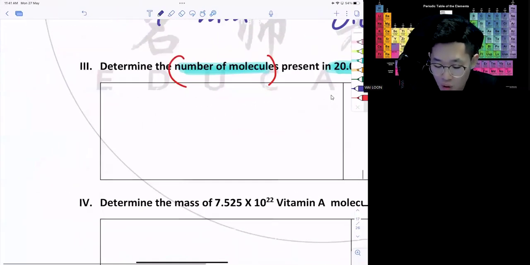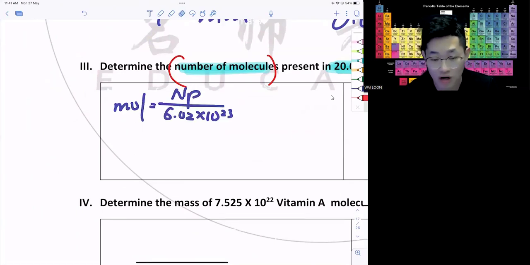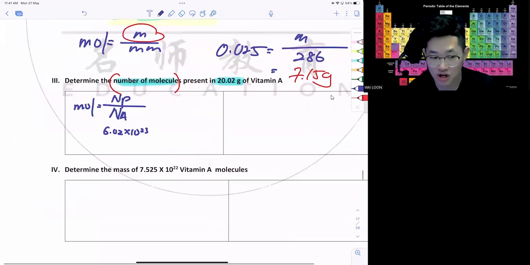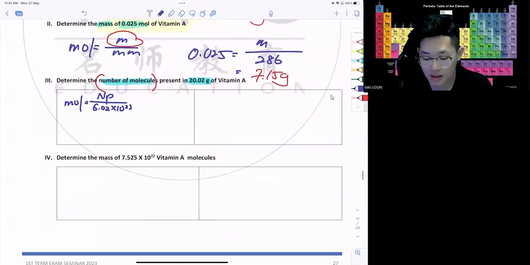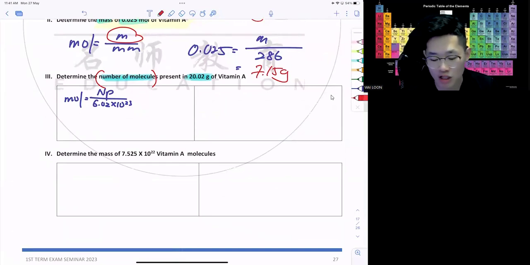So I have to use mole equals to NP over 6.02 times 10 to the power of 23, or very often, school teachers will just write NA, the Avogadro's constant. Same thing. They want me to find the number of molecule.